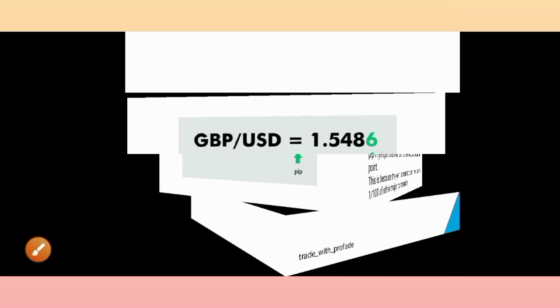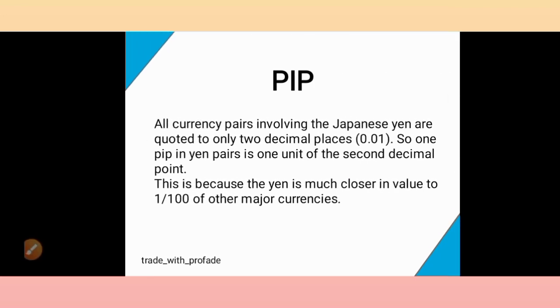So let's talk about currency pairs involving the Japanese yen. All currency pairs involving the Japanese yen are quoted to only 2 decimal places, like 0.01. So one PIP in a yen pair is 1 unit of the second decimal point. This is because the yen is much closer in value to 1 per 100 of other major currencies.